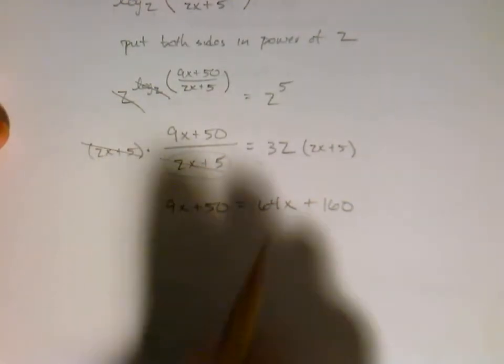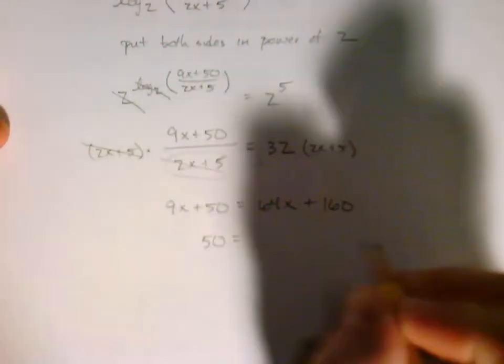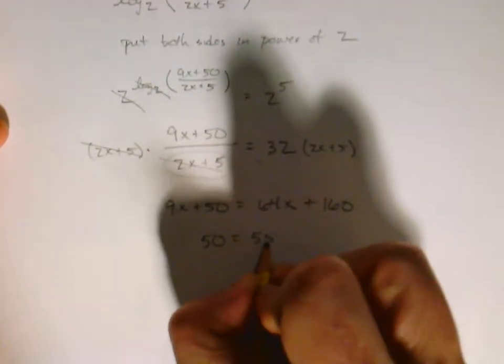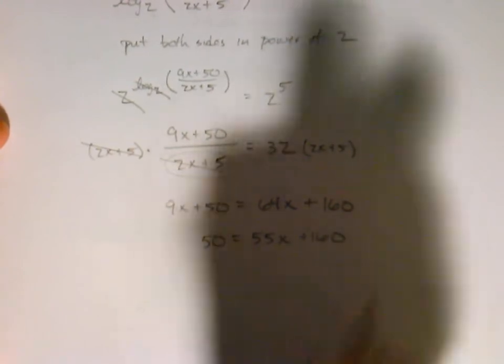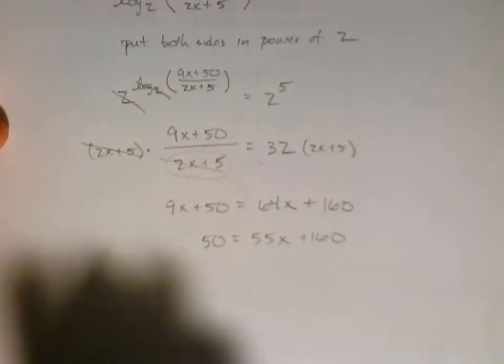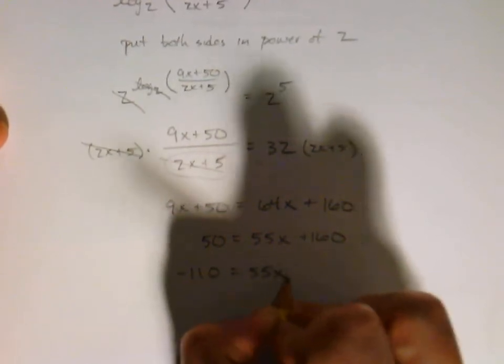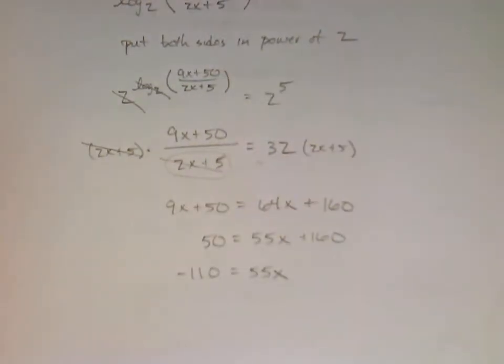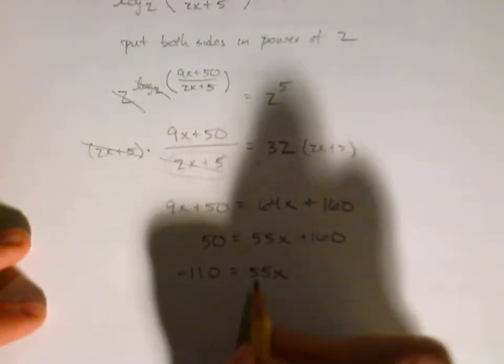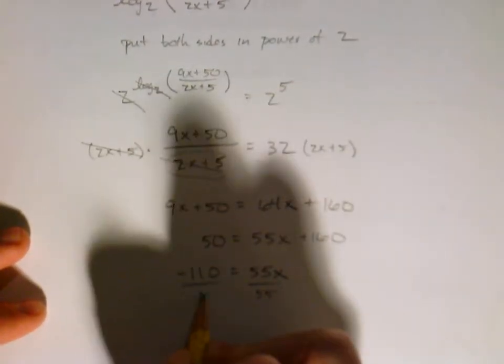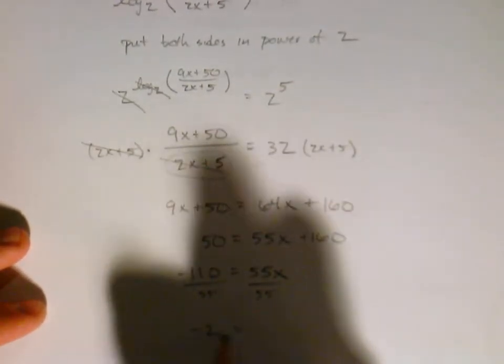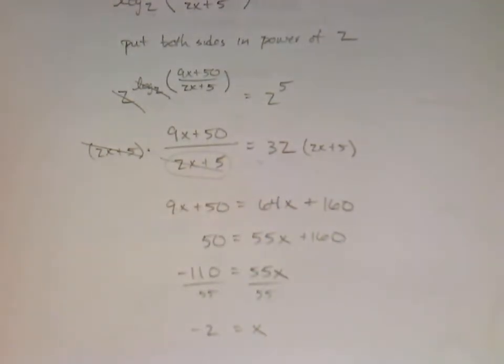Maybe I will subtract the 9x. That gives me 55x. I'll subtract that 160. That's negative 110. Then when I divide by 55, negative 2 equals x.